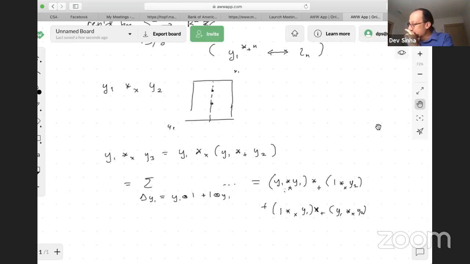Somehow I was expecting this to be something else. Sorry, I just realized I might have made an error. I think now I've got it correct. I guess I misdid the coproduct in the notes.